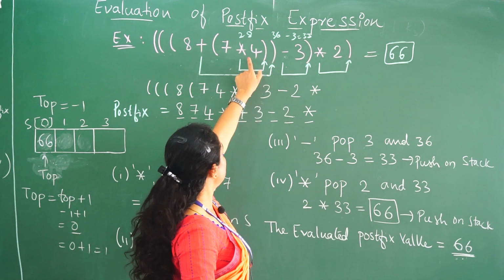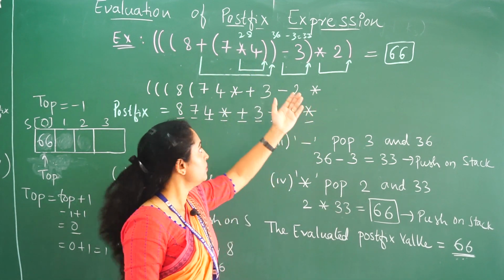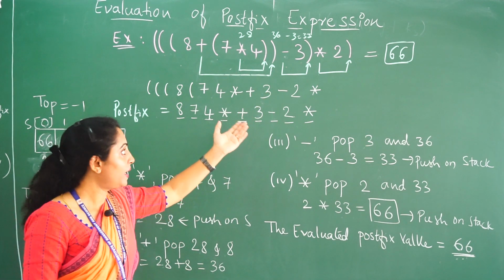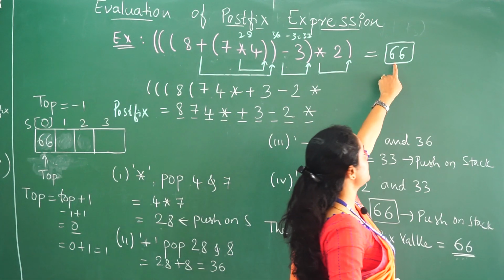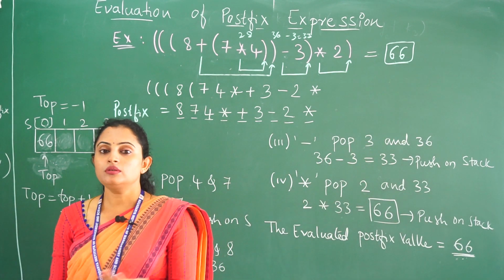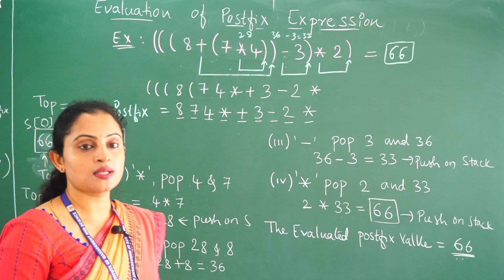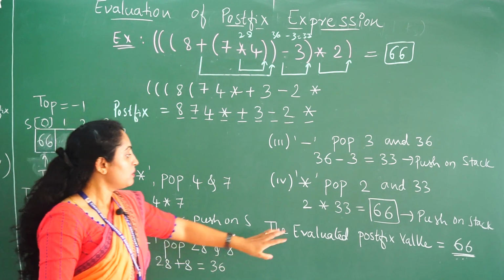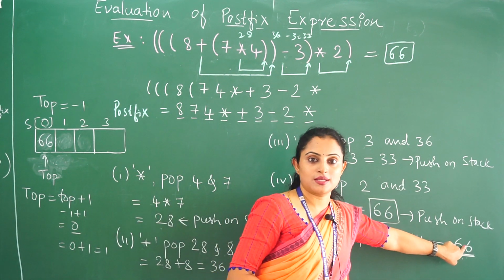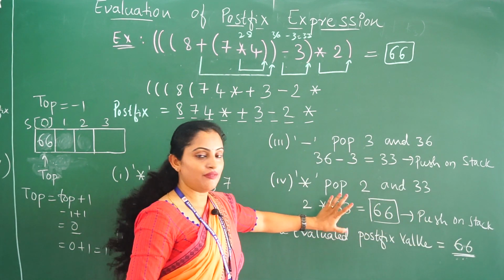Initially we evaluated the normal arithmetic expression method, and still we got 66. So both the values are the same here, right? When we evaluate through the mathematical way we got 66, and when we use the stack method for evaluating the postfix expression, we also got 66. So this is the right evaluation.